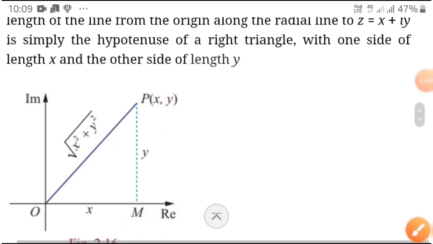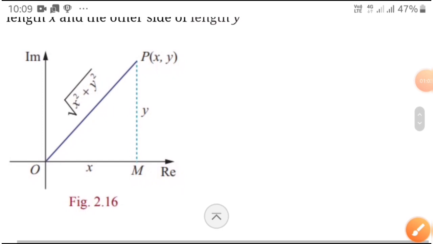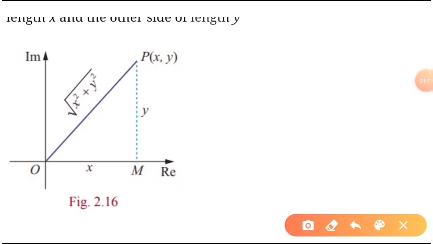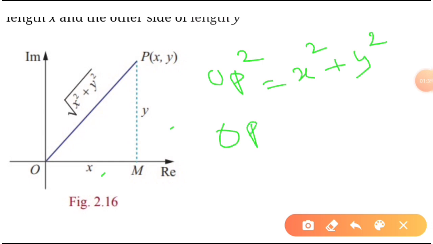We know Pythagoras theorem in a right angle triangle: hypotenuse squared, OP squared, is equal to the sum of the squares of the other two sides, here x and y. So x squared plus y squared. So OP is equal to the square root of x squared plus y squared.